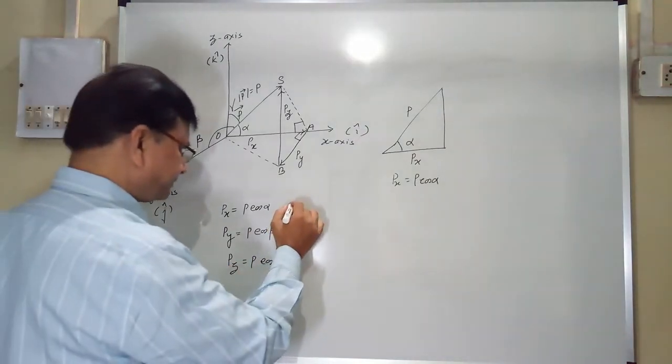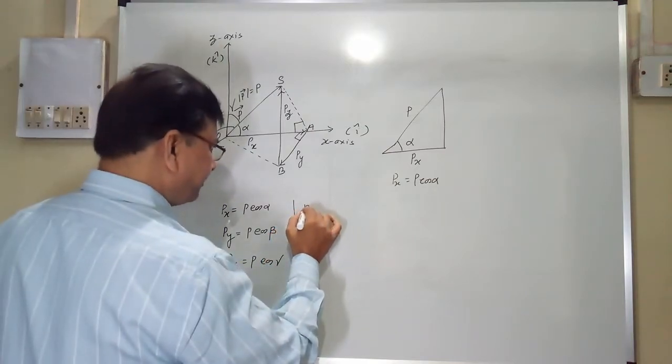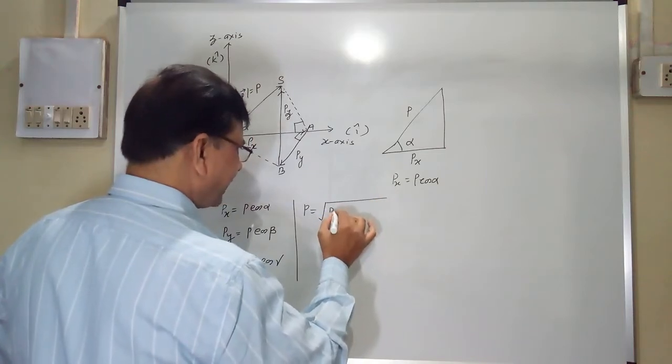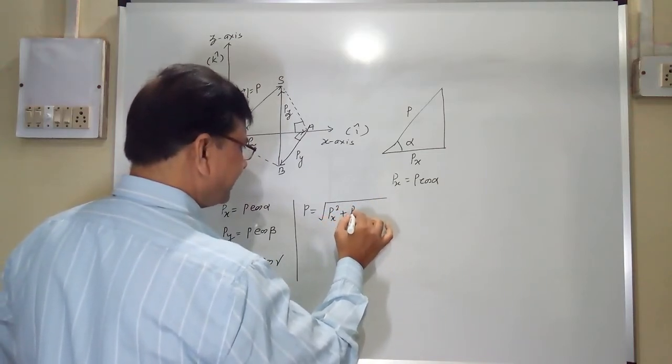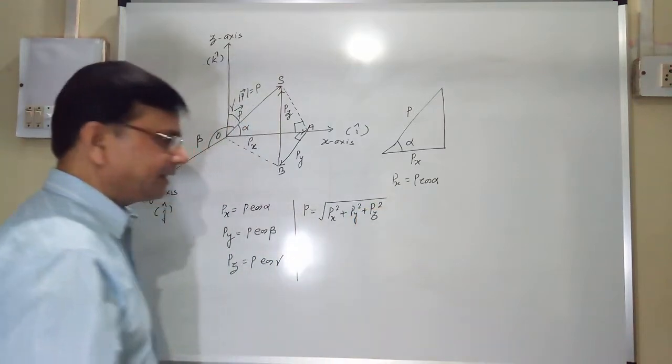And p will be equal to under root px square plus py square plus pz square.